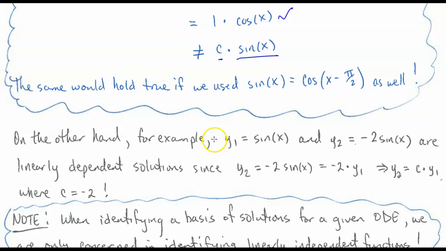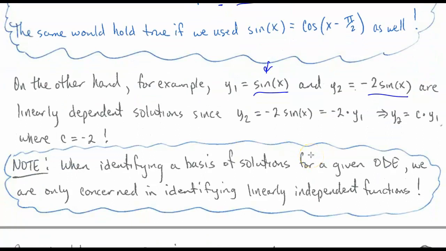Now, on the other hand, if we considered, let's say, sine x and minus 2 sine x, then of course you can see here that y sub 2 is just negative 2 times whatever y1 was. So this is what it looks like whenever we have two solutions that differ only by a constant multiple. You can divide one by the other and basically get a constant.